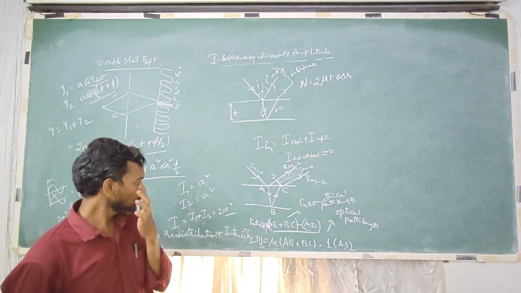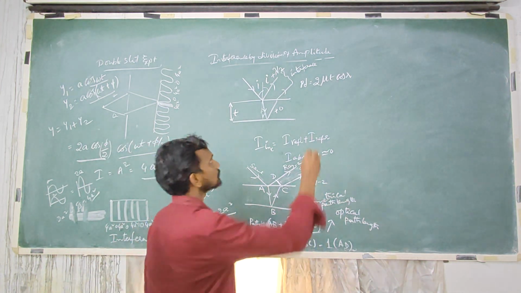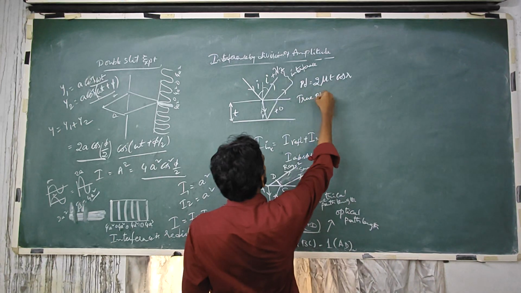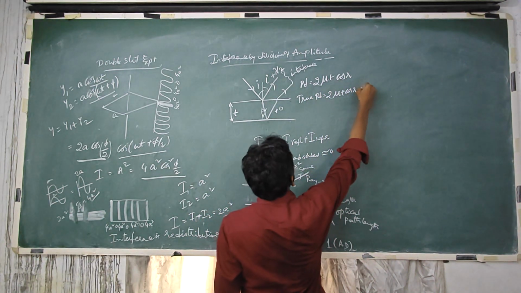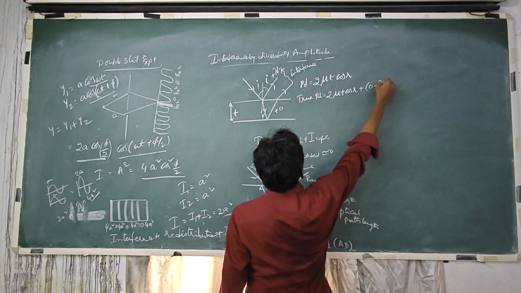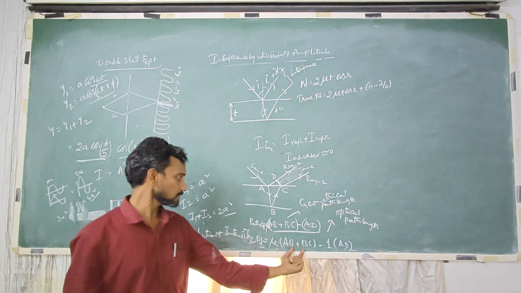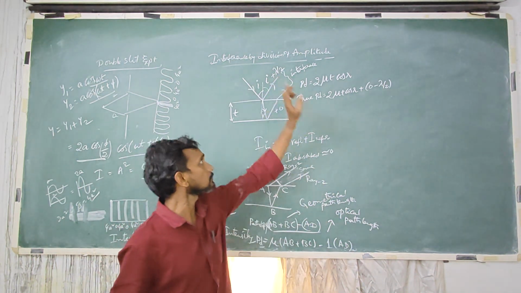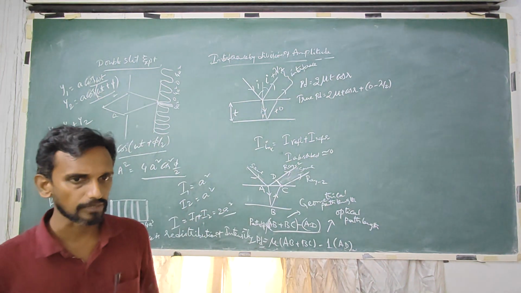So the total path difference that we observe here, the true path difference, is 2 mu t cos r plus 0 minus lambda by 2. In the first part you have 0, in the second part you have lambda by 2, and you are subtracting, so it is 0 minus lambda by 2.